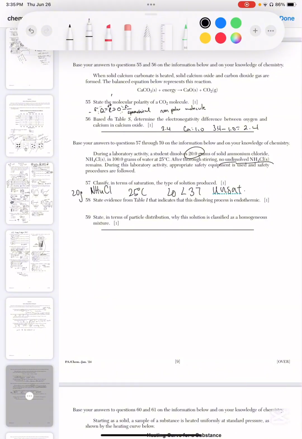State evidence from table I that indicates the dissolving process is endothermic. Okay, so this is the fifth one from the bottom, NH4Cl. Since we have a positive delta H value, this means that the reaction is endothermic.